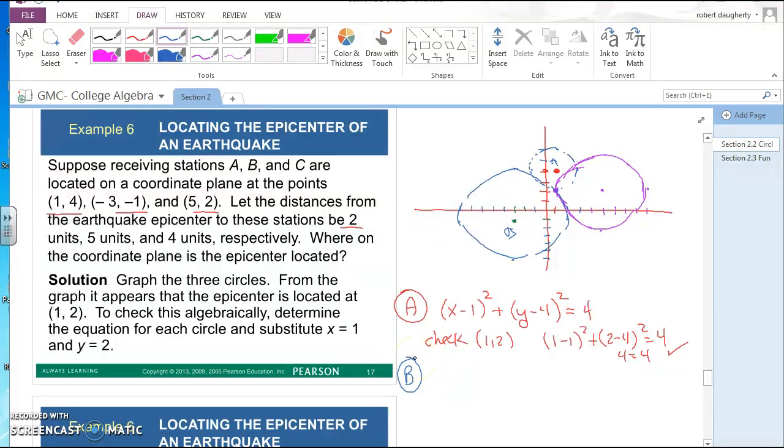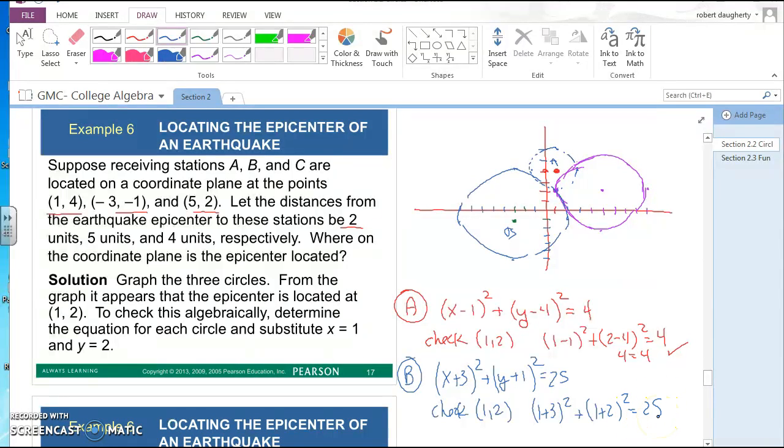Okay, let's check B. The equation of circle B is (x plus 3) squared plus (y plus 1) squared. That circle is centered at (-3, -1), and it has a radius of 5, so that's 25. Let's check the same point, (1, 2). If I plug that in, I get (1 plus 3) squared plus (1 plus 2) squared equals 25.